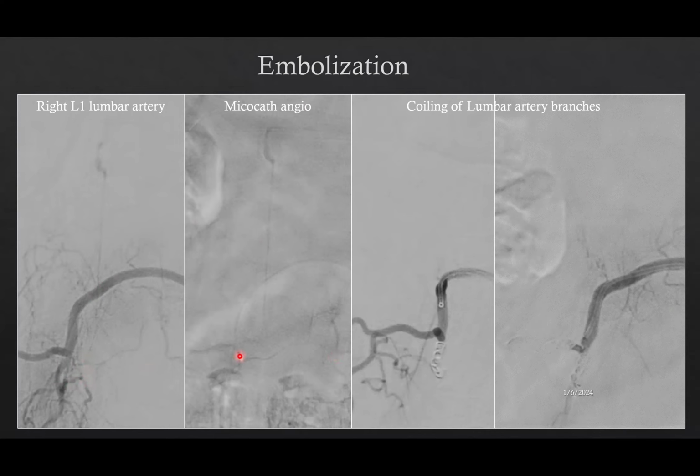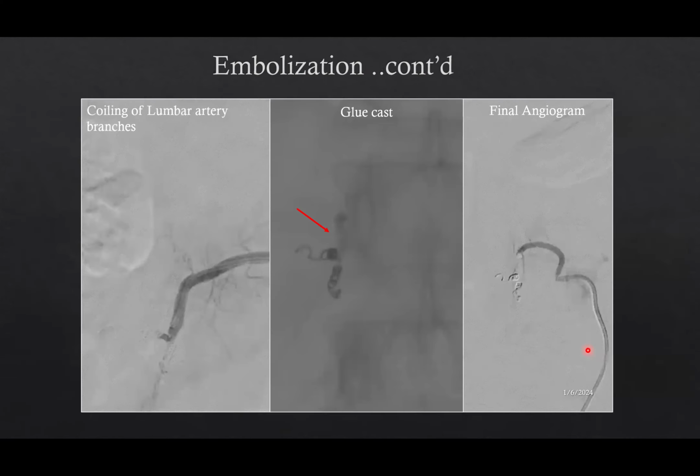So then what we did was that we blocked the lateral and the posterior branches of the lumbar artery. This is the coil placed in the posterior branch, and then a coil is placed in the lateral branch. So we blocked these two arteries with coils, and then injected glue close to the origin of the artery from which the aneurysm is arising, hoping that some percolation can happen, or it will block the spinal branch of the lumbar or intercostal artery.